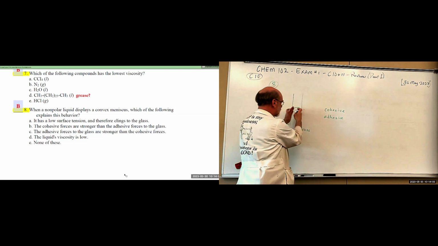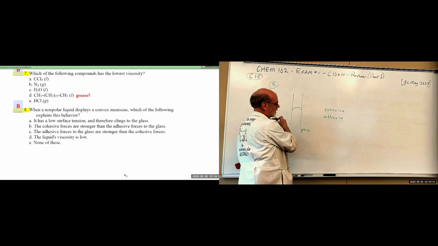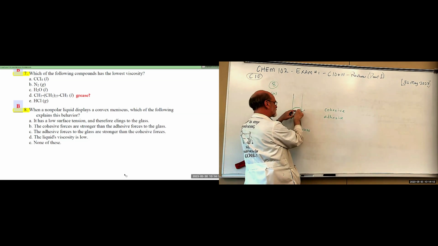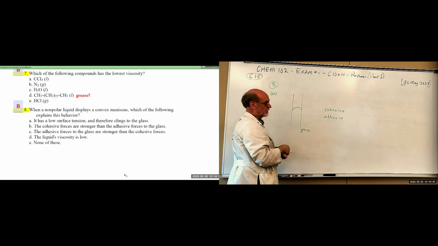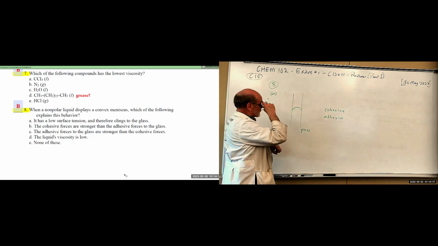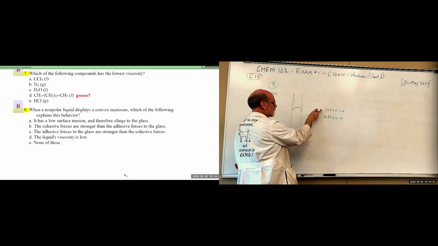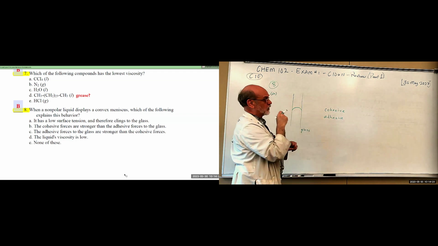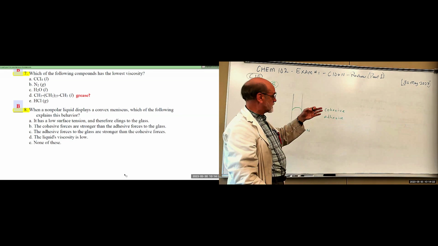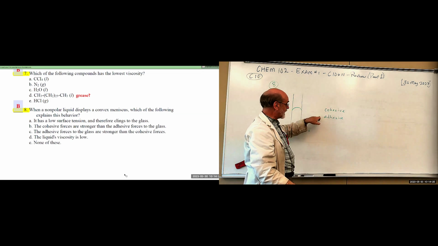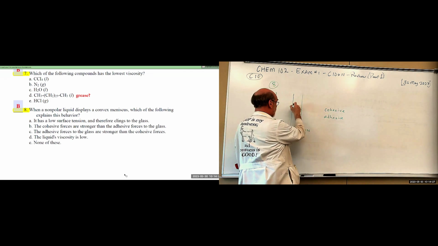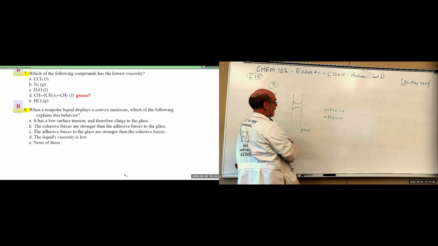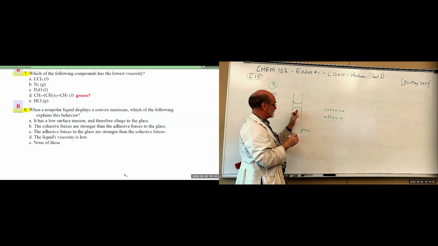Cohesive forces are the ones that are internal to the substance. Adhesive are the ones between the substance and its container. So if the cohesive forces are weak, which is what low surface tension implies, then the adhesive is going to take over, and you would expect that type of meniscus rather than this type.